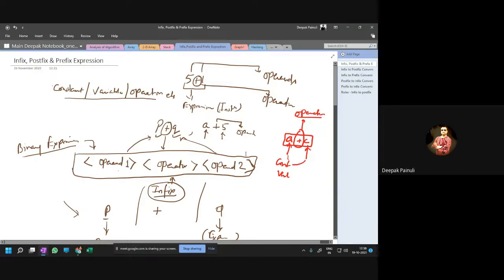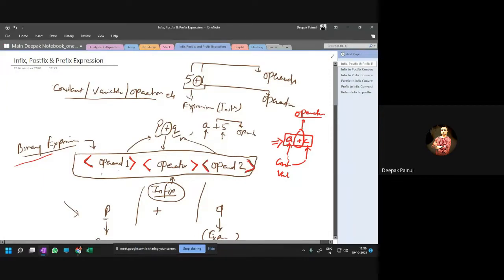Before going to that, first understand, if we have any binary expression, any arithmetic expression like a plus c, then it forms this type of formula, or we can say representation.